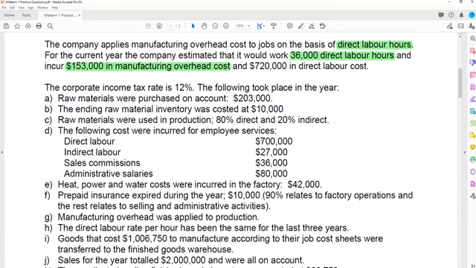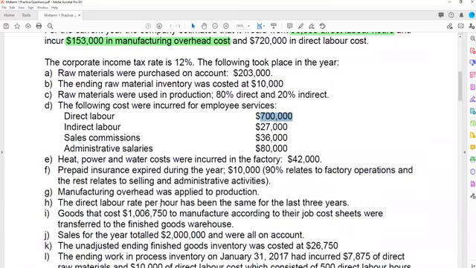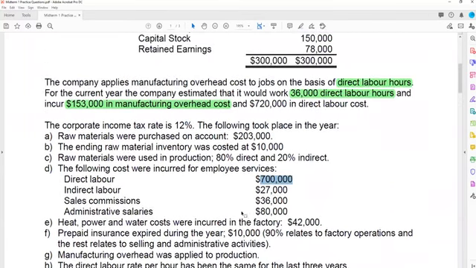We know the total direct labor cost, and we also know that the direct labor rate has stayed constant over the last 3 years. Something we can use to calculate the direct labor rate per hour is the fact that when the company made a budget for 36,000 direct labor hours in total, the budget for direct labor costs was 720,000.